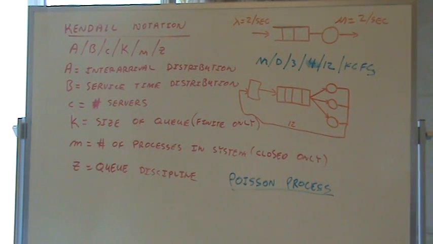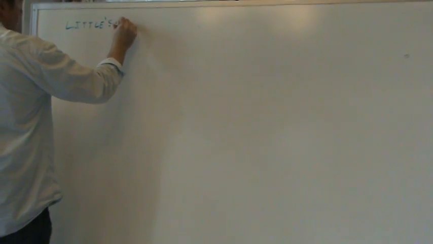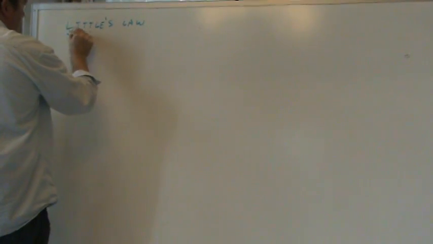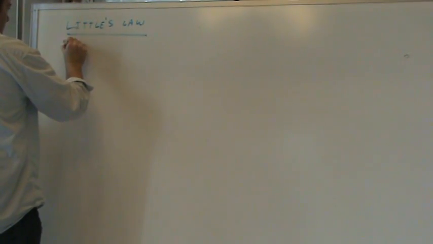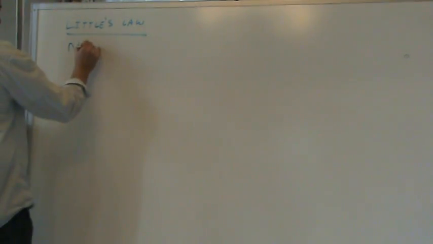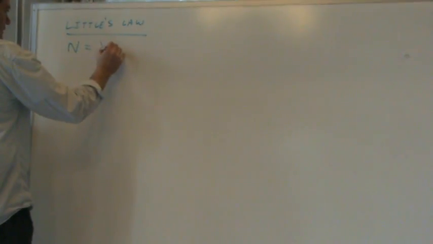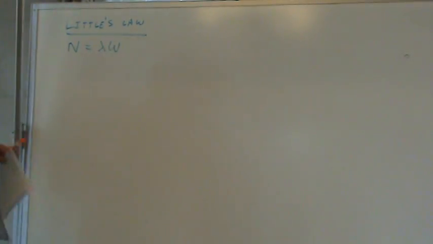Okay, so another topic would be a formula called Little's Law. And Little's Law basically says this: the number of customers in a queuing system is equal to the rate into the system times the amount of time you're waiting, or the amount of time you're in the system.